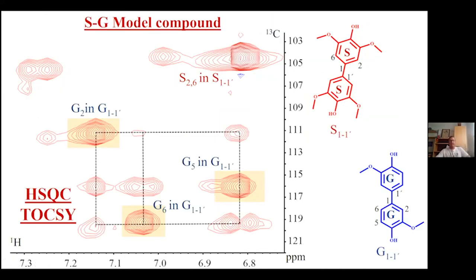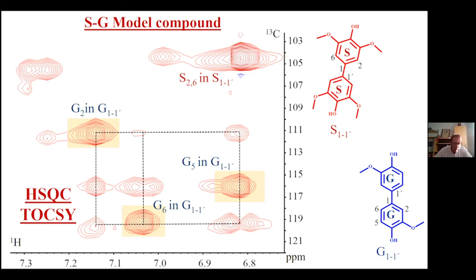Then we studied the SG model system, which were mixed in ratio 2:1 to recreate the hardwood monolignol composition. In this case, the key observation came from the HSQC analysis, which showed the lack of any peak related to carbon-1.